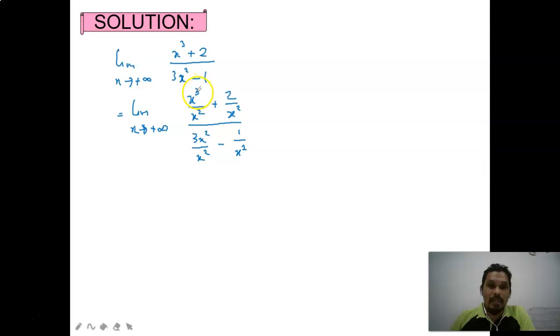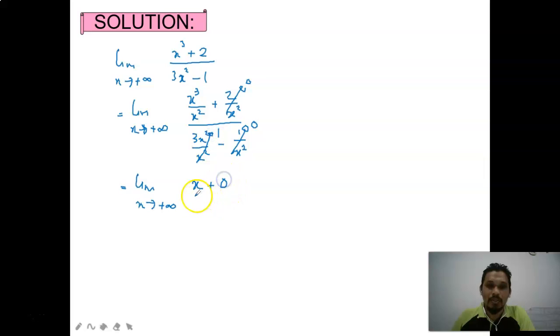So now x cubed divided by x squared equals x, and 2 divided by x squared approaches 0. This also approaches 0. x squared divided by x squared equals 1.